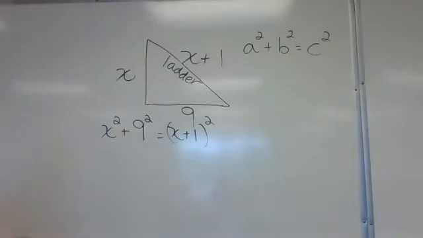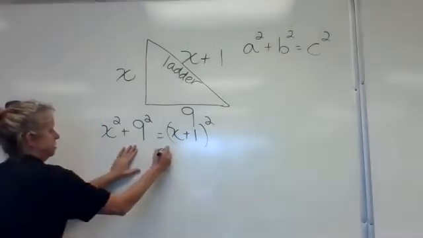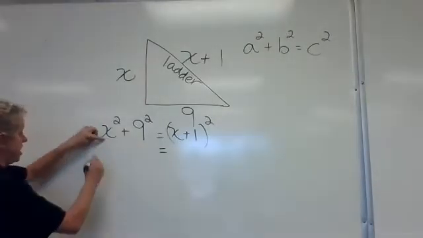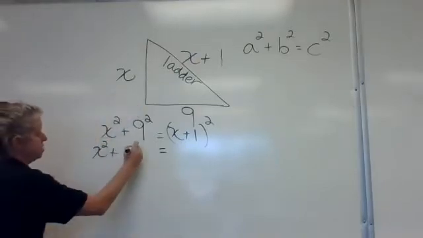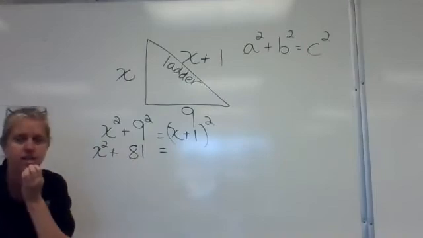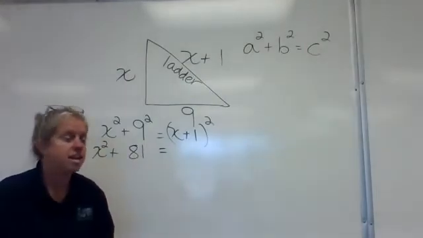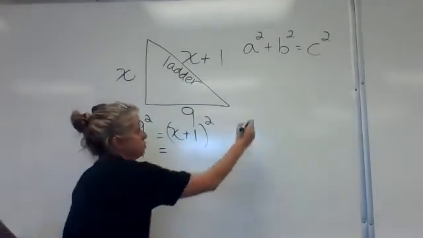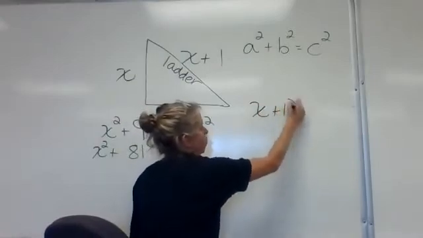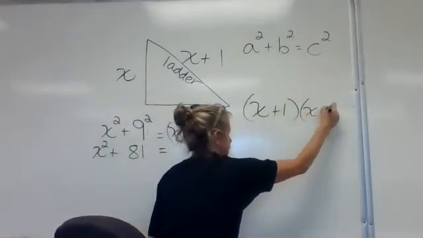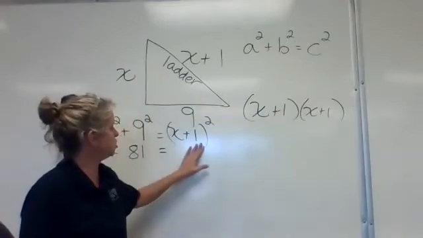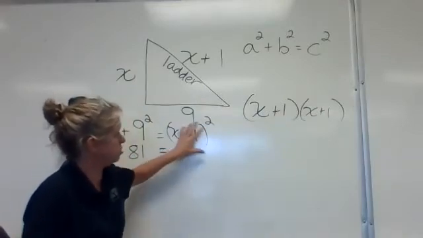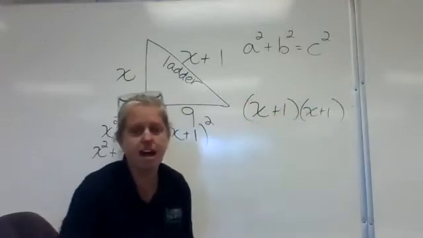So let's see what we have here. On the left, I've got the X squared plus 9 squared, which is 81. Now, on the right, I've got X plus 1 squared, so I need to FOIL here again. Right? Because the X plus 1 squared means to multiply the X plus 1 times itself.